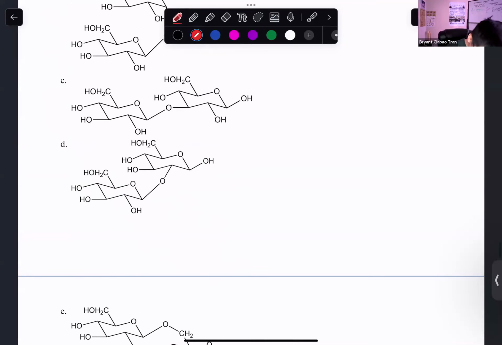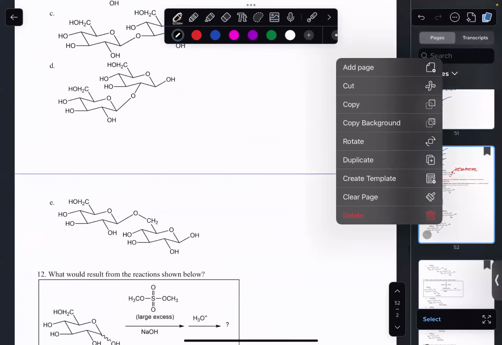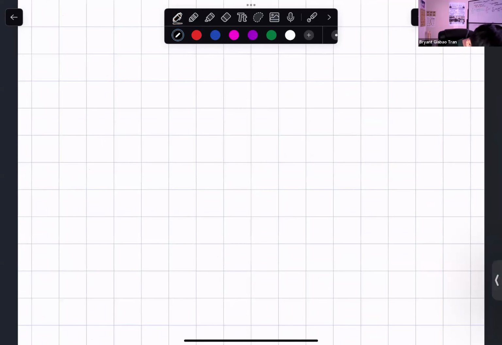Yeah, no problem. This is from Farahat's exercise, right? I think. Yes. Okay. So what he drew was this right here. This rotated sugar.